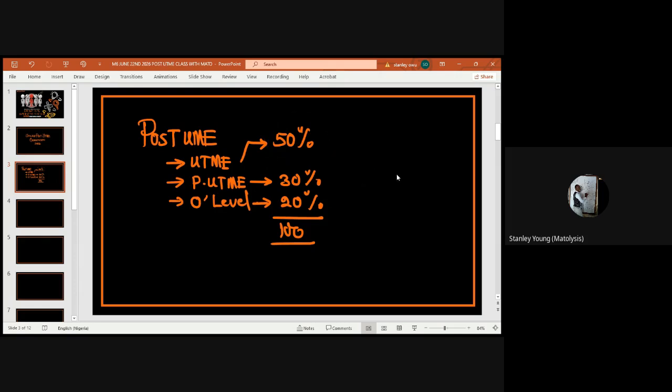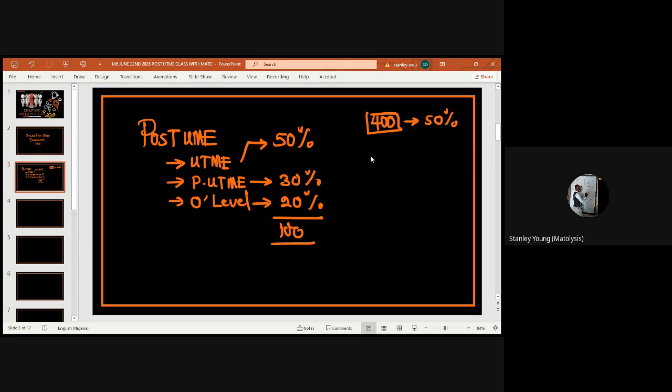So if UTME is going to contribute 50%, it simply means the maximum you can have from UTME is 50%. And do not forget that the maximum score of UTME is 400. So 400 is equivalent to the 50% we are talking about here, right? If we divide 400 by 50, that's going to be 8.